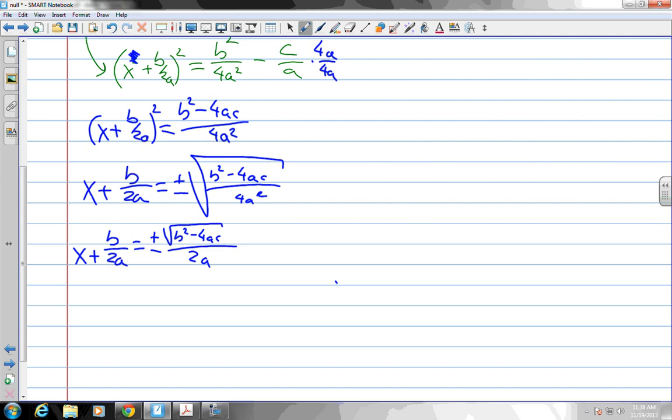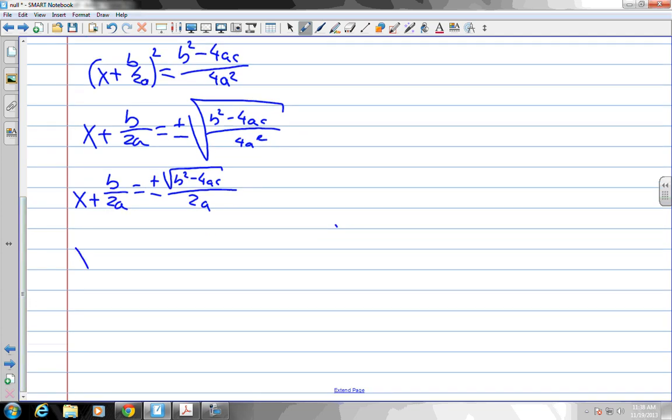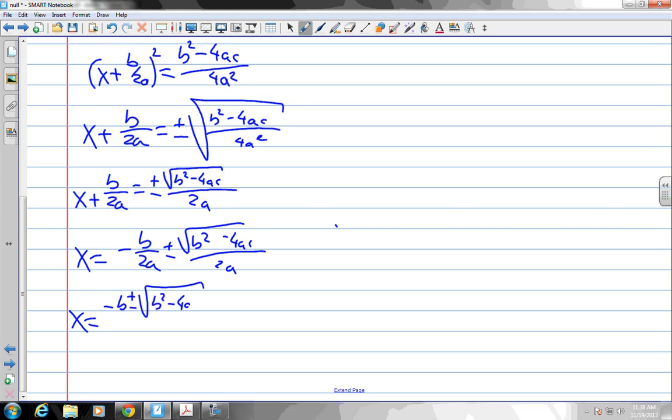And finally, solve for x. x equals negative b over 2a plus or minus the square root of b squared minus 4ac over 2a. Right? Same denominator, combine: negative b plus or minus the square root of b squared minus 4ac over 2a. So that's your quadratic formula.